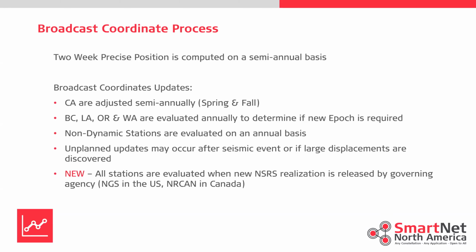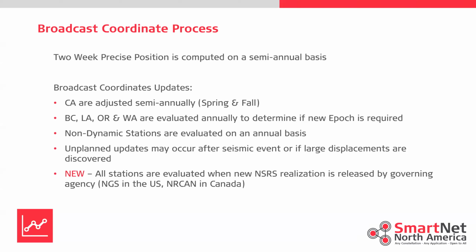So we look at all the stations really twice a year when we do the spring and fall adjustment to see if there's any gross changes to the stations. Any unplanned updates can occur after a large seismic event, when large displacements are discovered. There was one out in California not too long ago, about 40 miles from one of our stations.